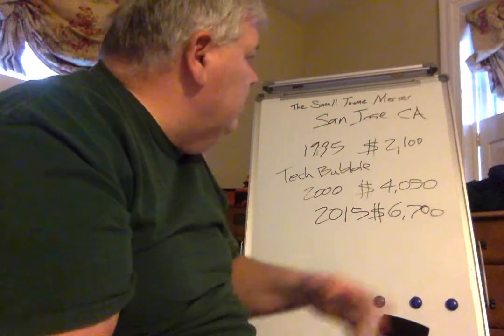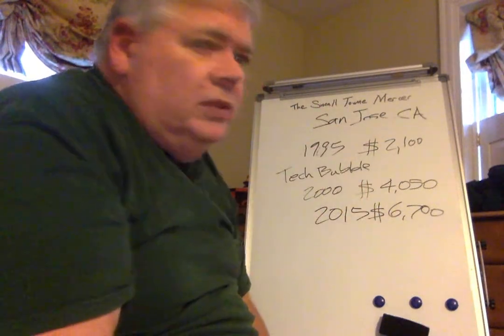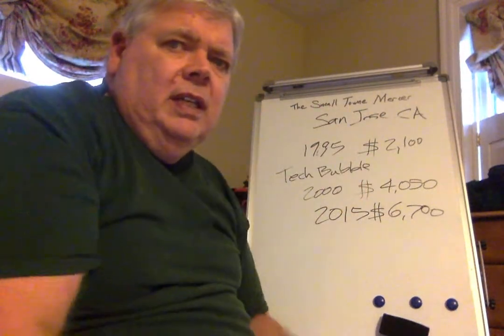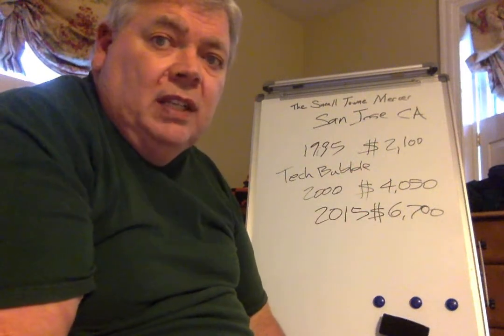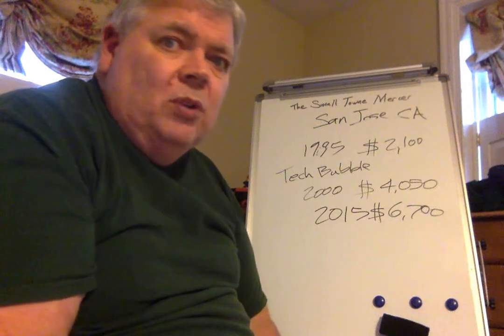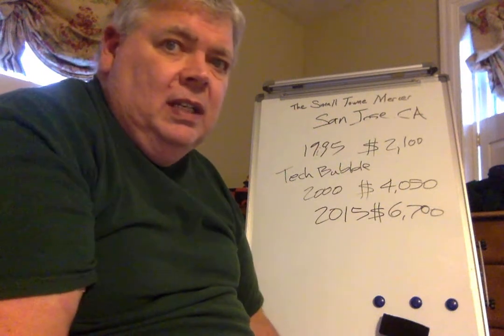So you're talking about a $4,500 increase in that 20 years, 1995 to 2015. So you see it's 3 times more of an increase than it was in that 20-year period from 65 to 85.